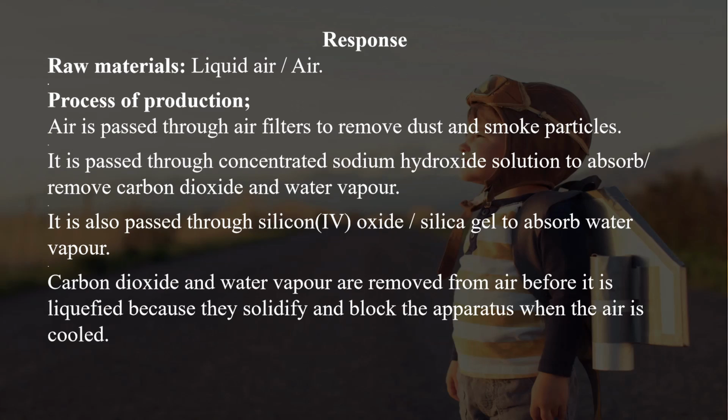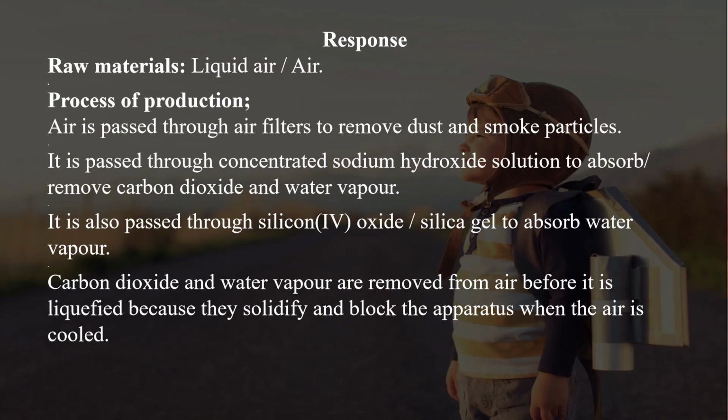Secondly, this air is passed through concentrated sodium hydroxide solution or potassium hydroxide solution to absorb or remove the carbon dioxide and water vapor. The resulting air components are passed through silicon dioxide or a bed of silica gel to absorb the water vapor.